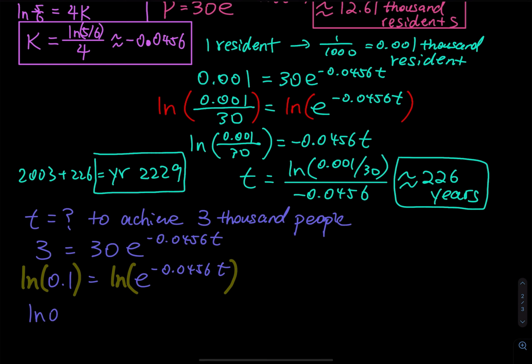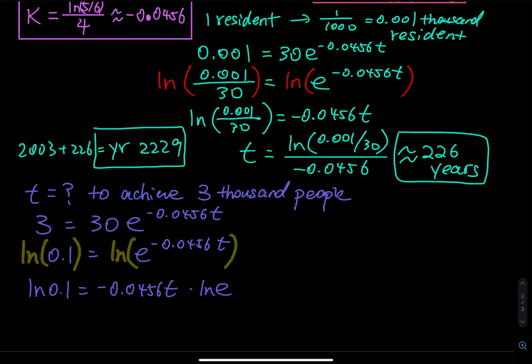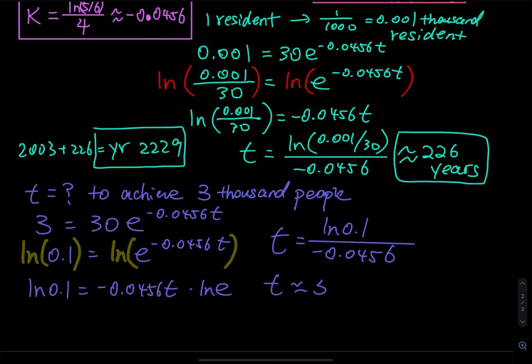You have ln 0.1 equals negative 0.0456t times ln e, which is equal to 1, and therefore what is t equal to? T is equal to ln 0.1 divided by negative 0.0456. This is the time in exact value. When you approximate that, that is approximately 50 years.